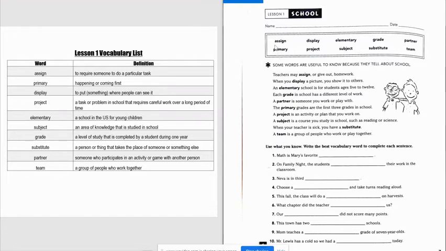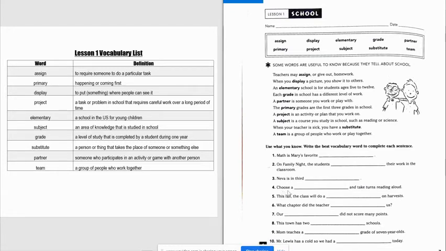Do they assign their work, display their work, or grade their work in the classroom? Number 3. Neva is in 3rd blank. Assign, primary, display, project, elementary, subject, grade, substitute, partner, or team.